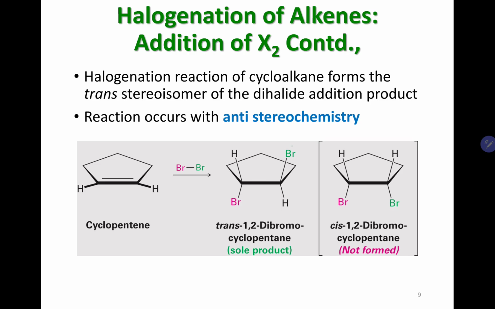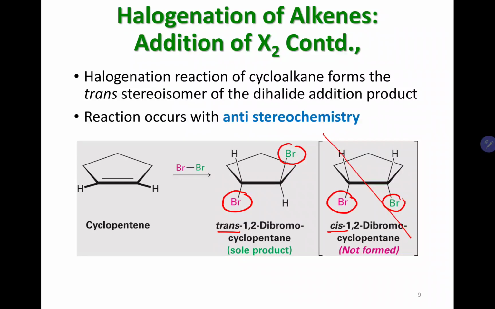The two bromines could be on opposite planes, or the two bromines could be on the same plane. If the two bromines are on opposite planes, we call it trans. If the two bromines are on the same plane, we call it cis. But the significant thing about this cis-trans isomerism is that when you do halogenation on alkenes, you only see the trans product. You almost never see the cis product.